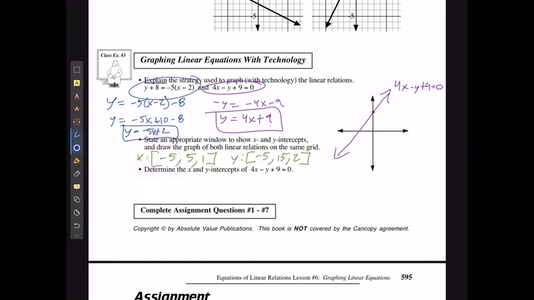And my other equation is going to look something like this. Where I have that slope of negative 5 over 1, I have that y-intercept is going to be at 2, and I can call this one y plus 8 is equal to negative 5 bracket x minus 2.